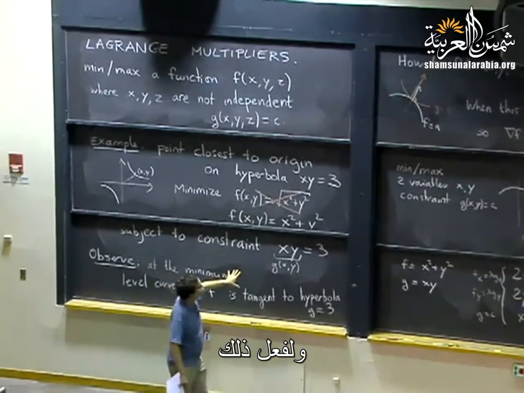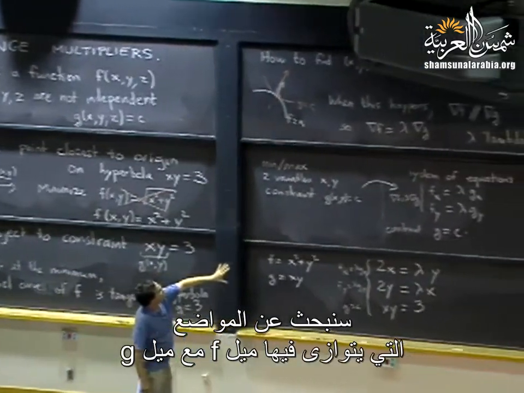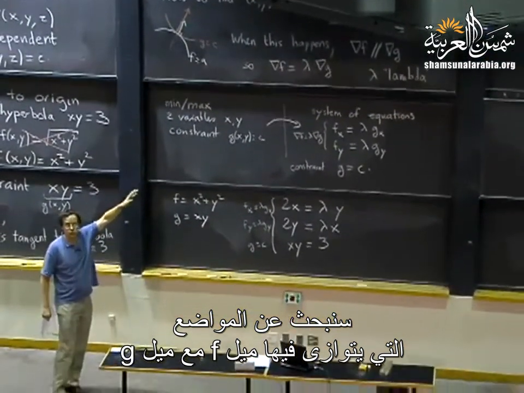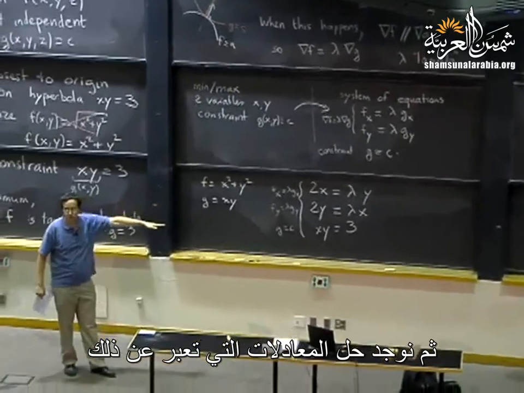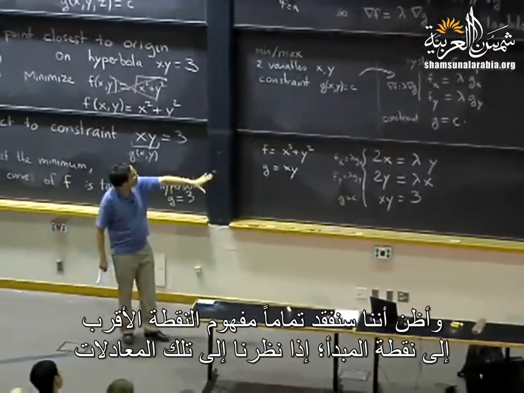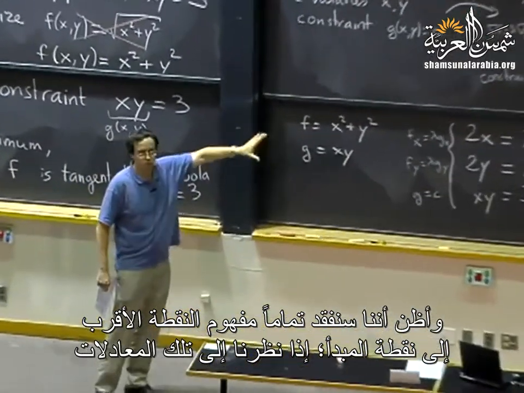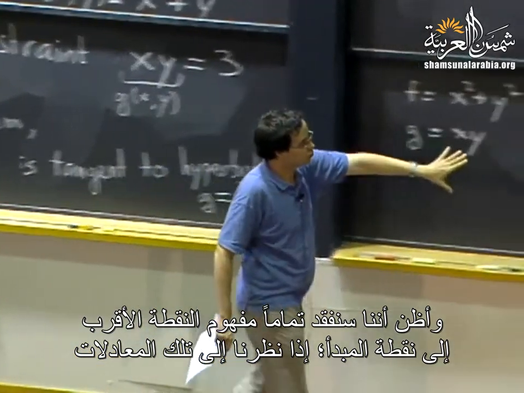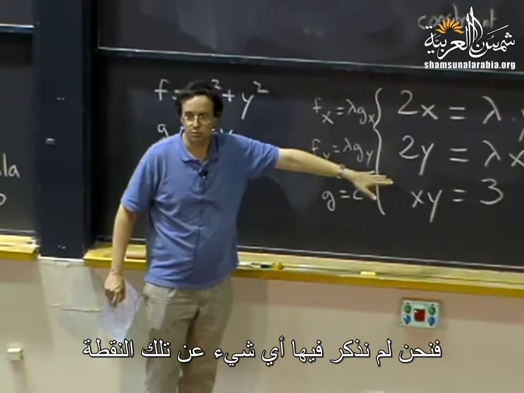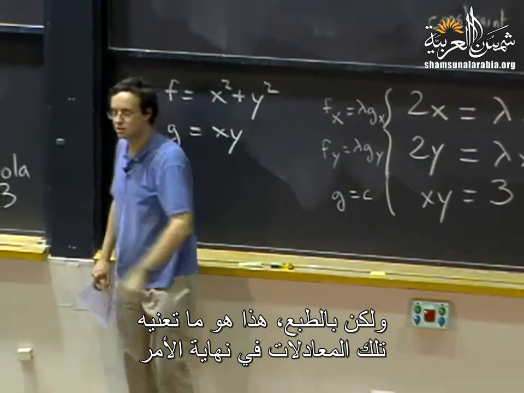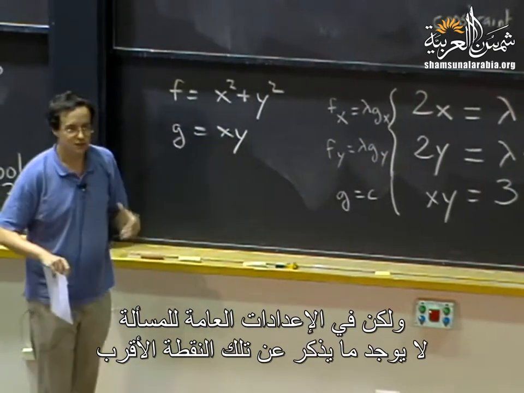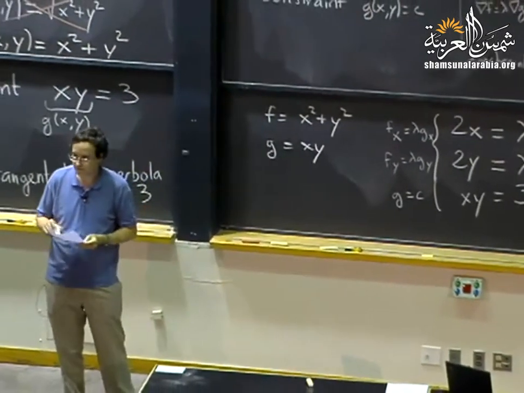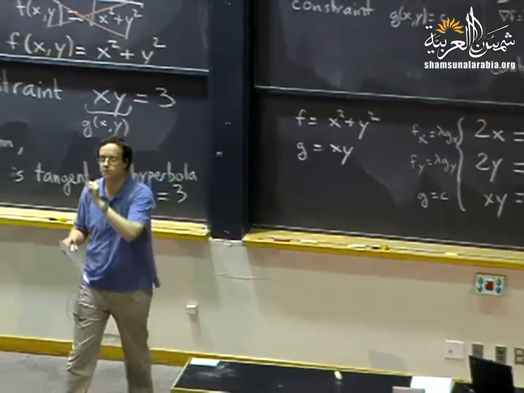What we're going to do is look at places where gradient f and gradient g are parallel to each other and solve the equations for that. I think we completely lose the notion of closest point if we just look at these equations. Of course, that's what they mean in the end. But in the general setting, there's no closest point involved anymore. Okay. Yes?